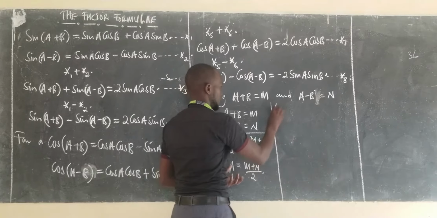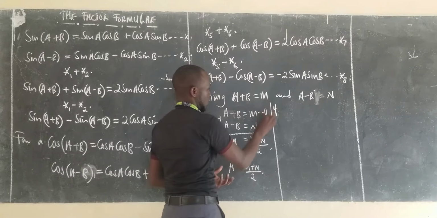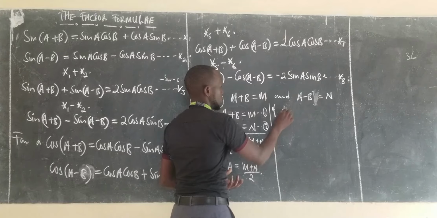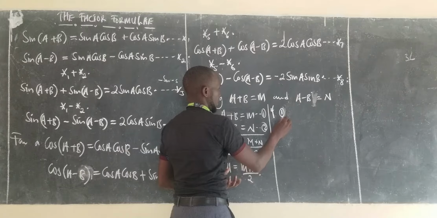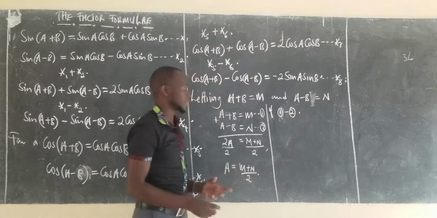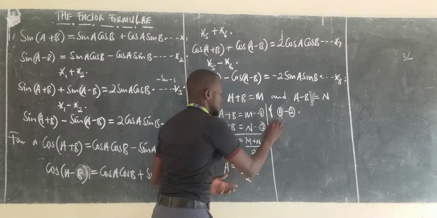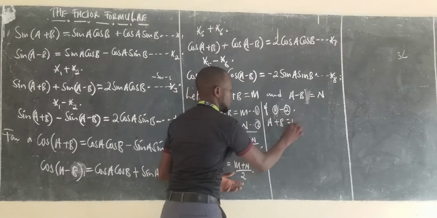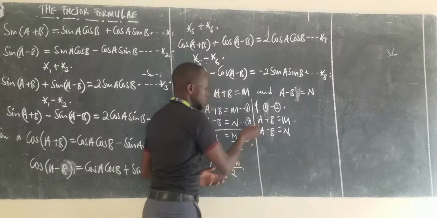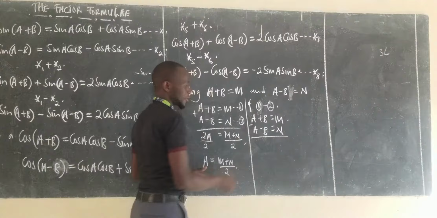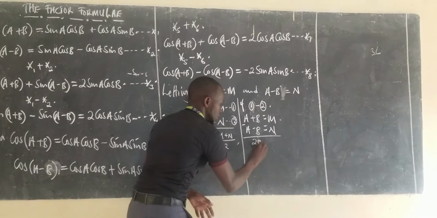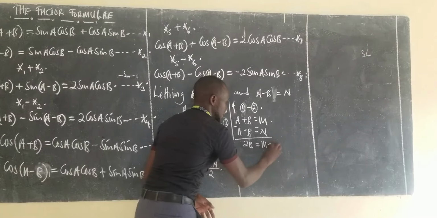Say this was 1 and this was 2. If we get a difference of the two, we shall have A plus B giving us m, then A minus B giving us n. So when you subtract, these two will automatically go. So you'll have B minus minus B giving you twice of B equals m minus n.